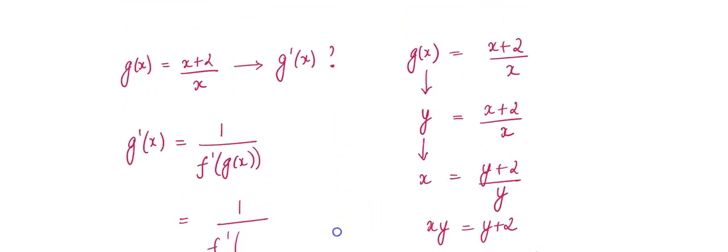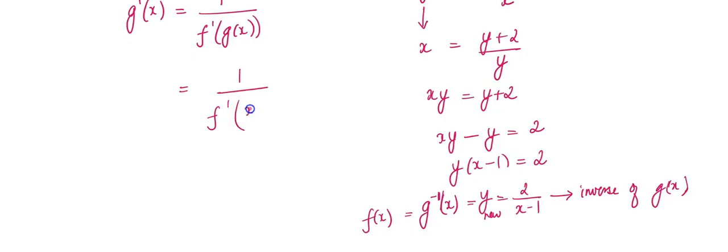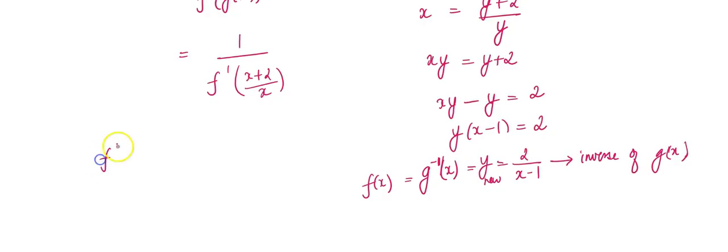Now, what was g of x? x plus 2 over x. In order to evaluate this, I have to first find f prime of x, and then replace this x with x plus 2 over x. So I've got two steps to do before I could actually plug it into the theorem.